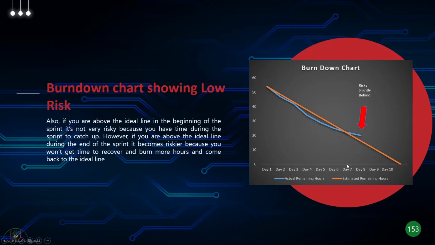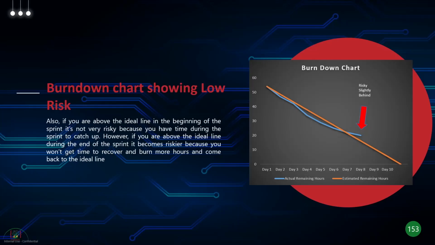So in this particular burn down chart, it's showing you low risk. Why is it a low risk? Because most of the time till day 6, you are below the ideal line. So you're on track, right?